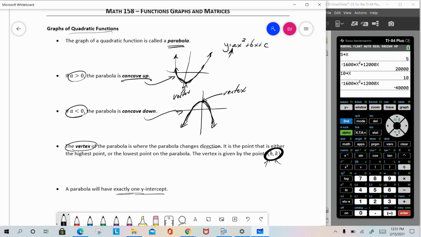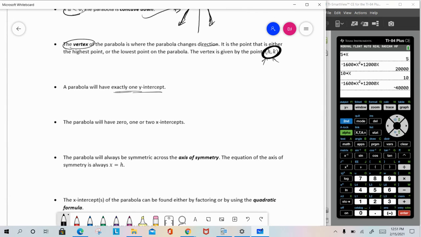A parabola will have exactly one y-intercept, but a parabola can have 0, 1, or 2 x-intercepts. It's possible for the parabola to look like this. Notice there will be one y-intercept, but this one never crosses the x-axis. It's possible for the parabola to rest right on the x-axis, where the vertex is right on the x-axis.